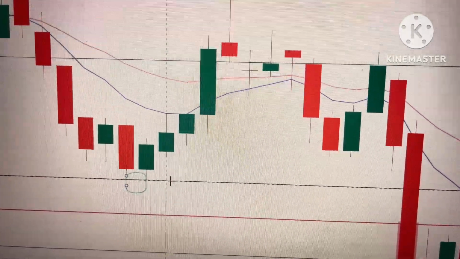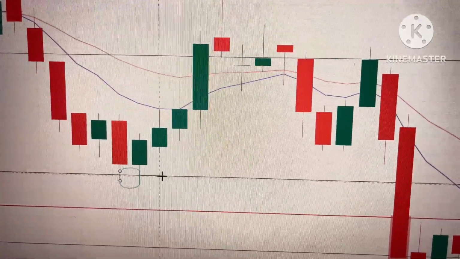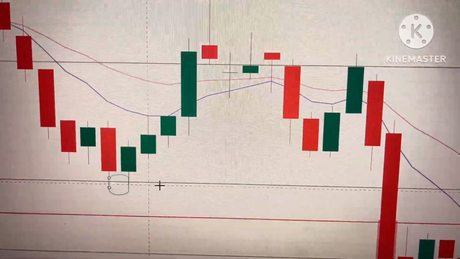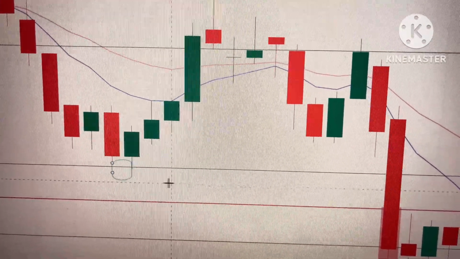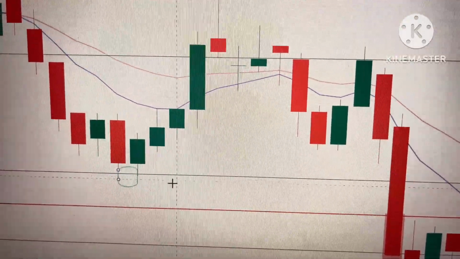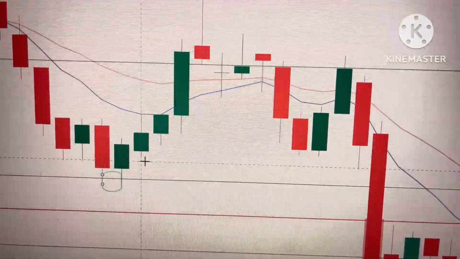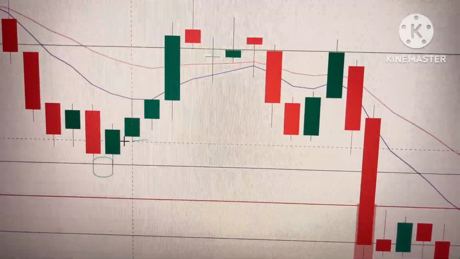If the next candle appears above this black line, then only we will take a call side trade. If it appears below the black line, we will not take a call side trade, or in between the black lines we will not take any trade. So it is above this black line, so we will make our entry over here.